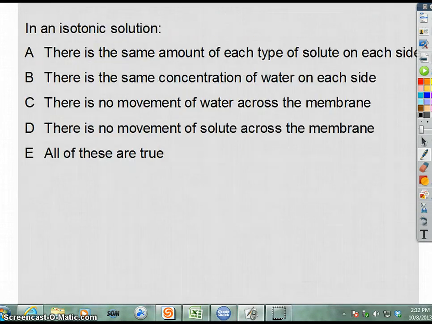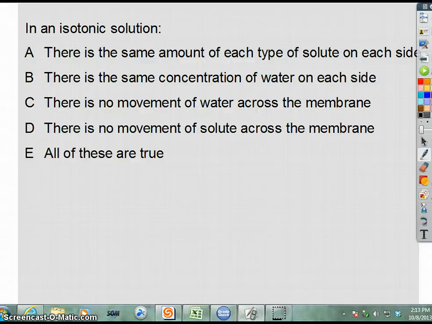All right, actually I have one more that we'll go over on the recording. This one. Which of these is the best definition of an isotonic solution? Same amount of solute on each side, same concentration of water on each side, no movement of water, no movement of solute, or all of those.